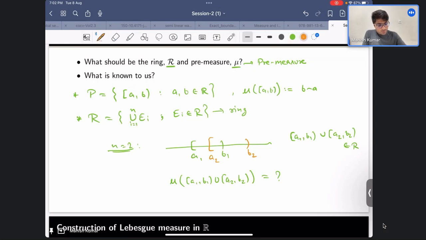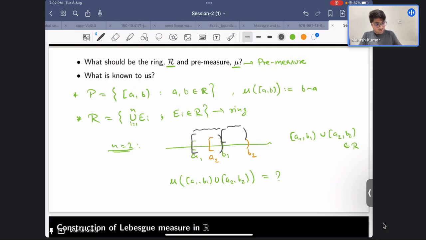So when they are disjoint, we know how to do that. So what we'll do, we'll try to make these things disjoint. Suppose this is there, so I'll define this, let's say from here till here, and then from here to here. So we are partitioning into two pieces, this is one, this is second. These are disjoint, right?